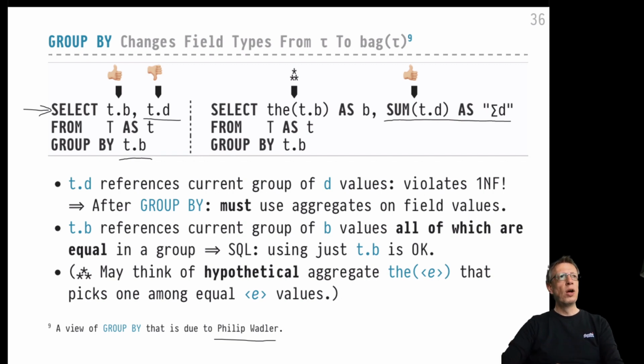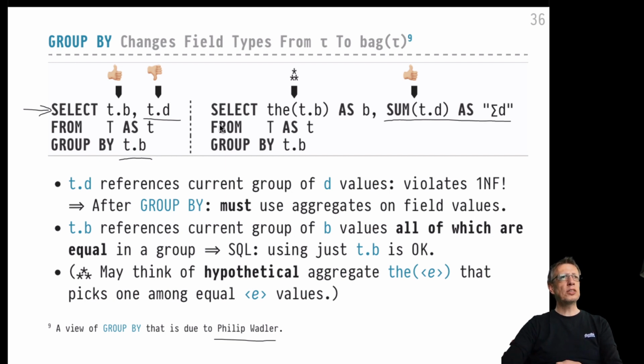Each group will have one unique, very well-defined TB value because it's the grouping criterion. So that's what we are using here. And so SQL says, okay, you don't use aggregation here to reduce this to a single value, but that's okay. That's okay in this case because this is the grouping criterion. All rows agree on the TB value anyway, so that's fine.